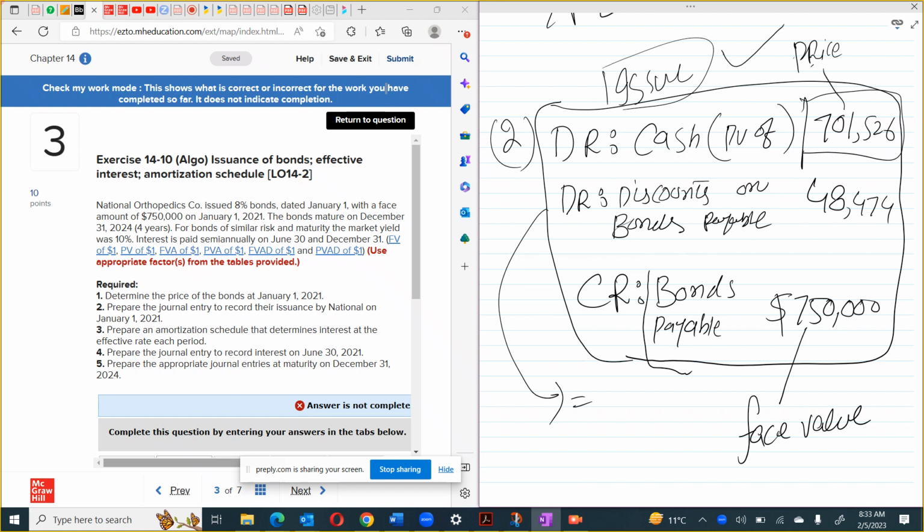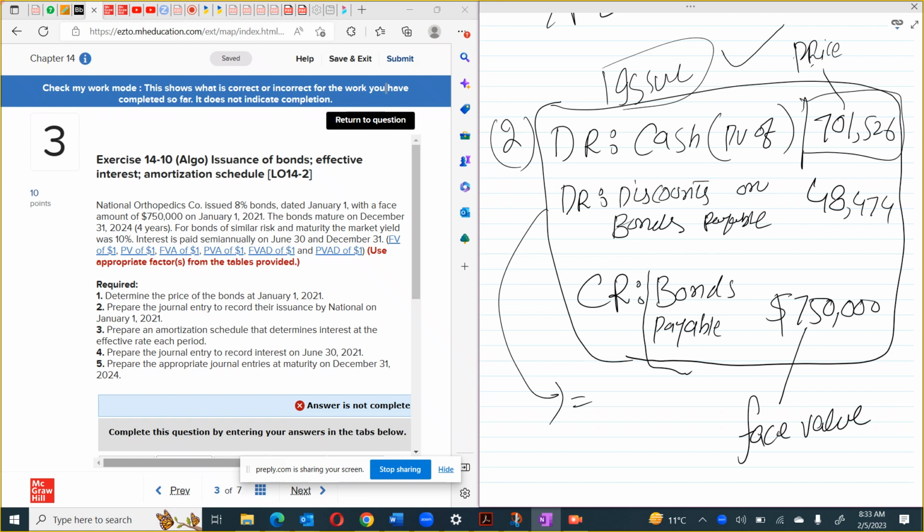So 730,310 minus 5,484 will be 724,826. And then 724,826 multiplied by 5% will be 36,241. Then you take the difference from 42,000.